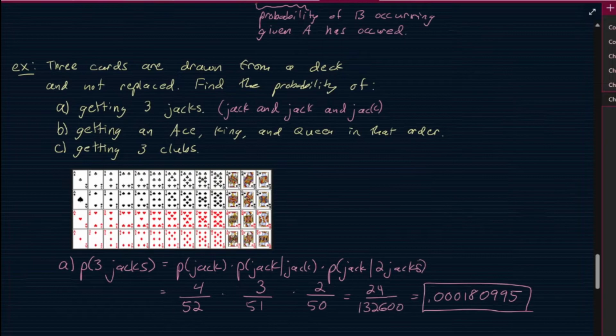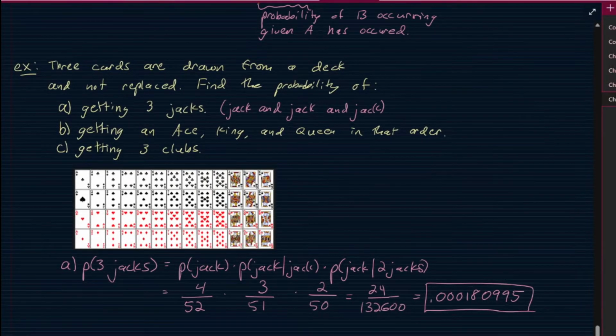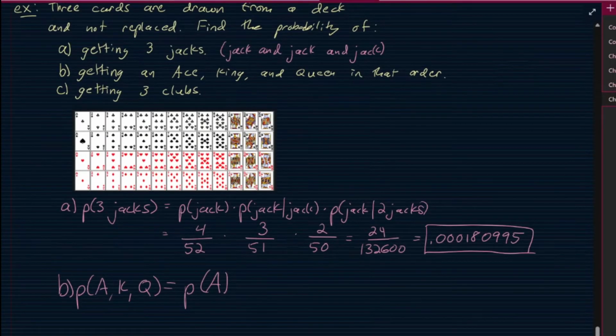So let's look at B. It's the probability of getting an ace, then a king, then a queen in that order. So before anything happens, right, we've got 52 cards. Probability of getting an ace. There's 4 aces out of 52 cards.